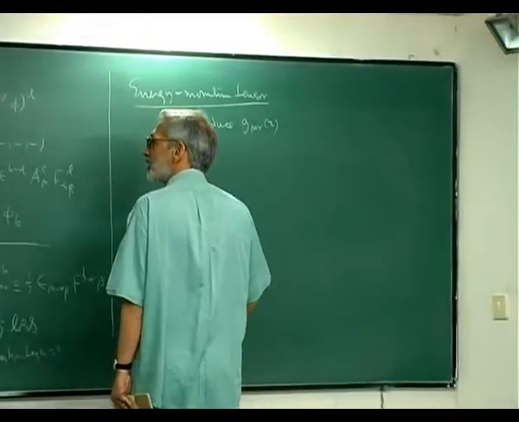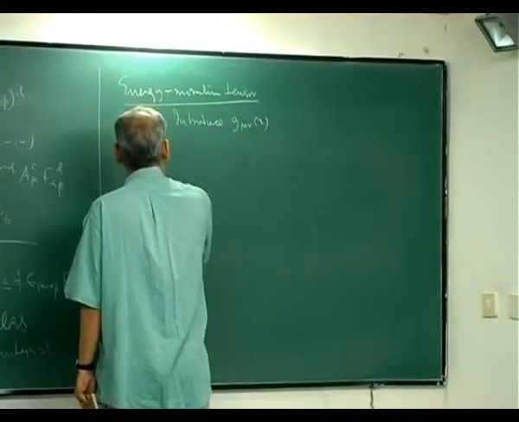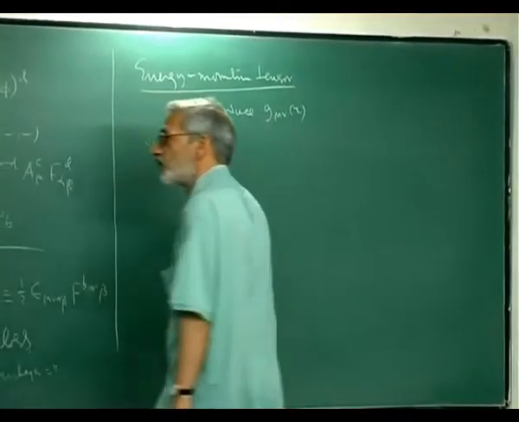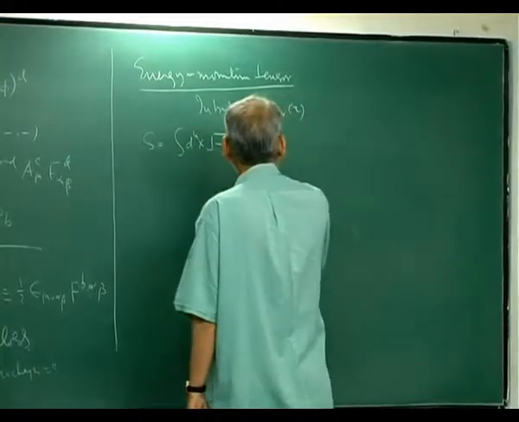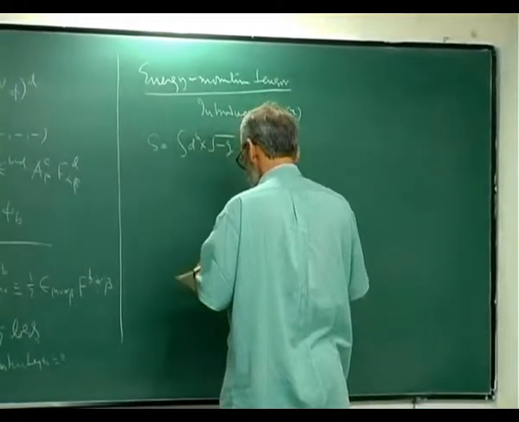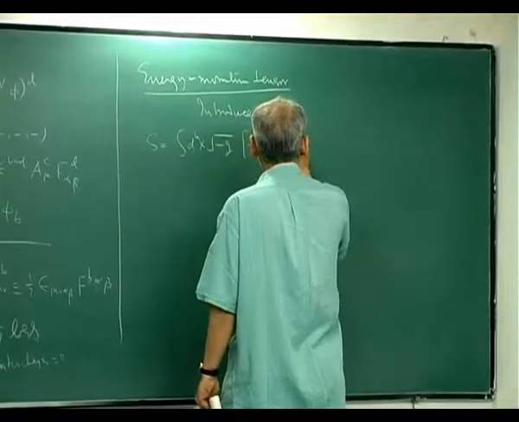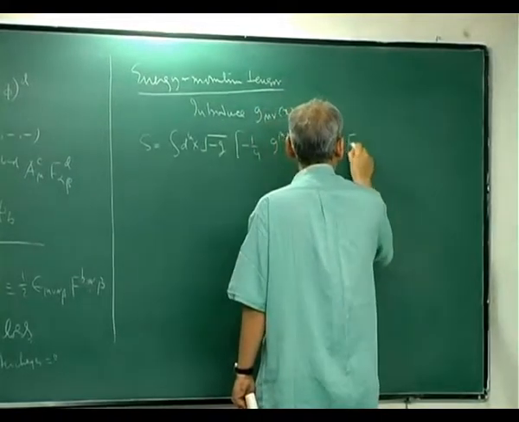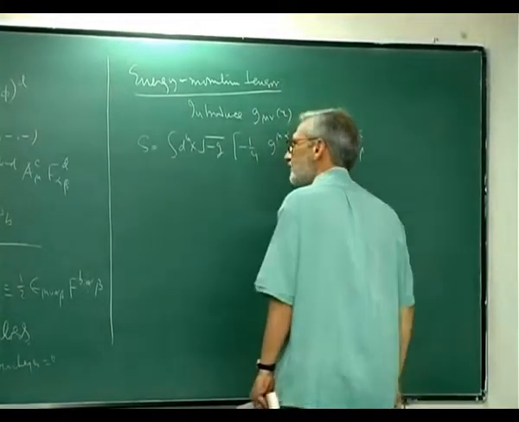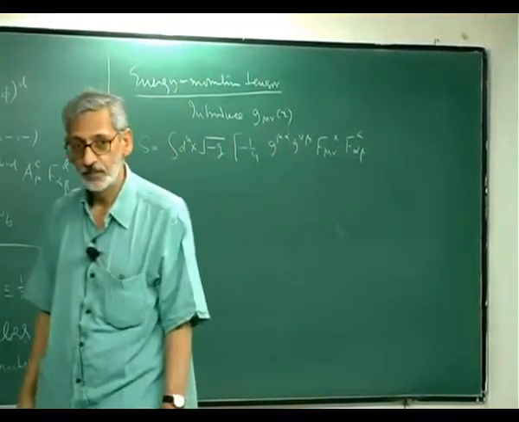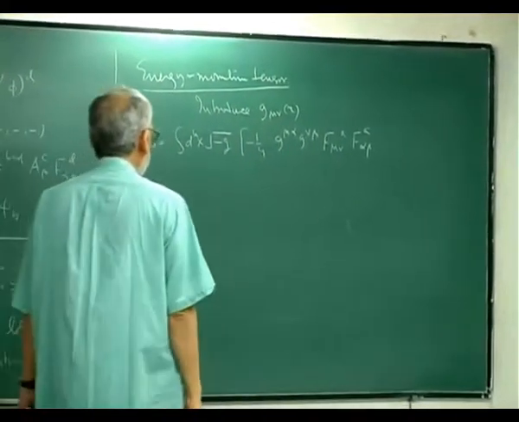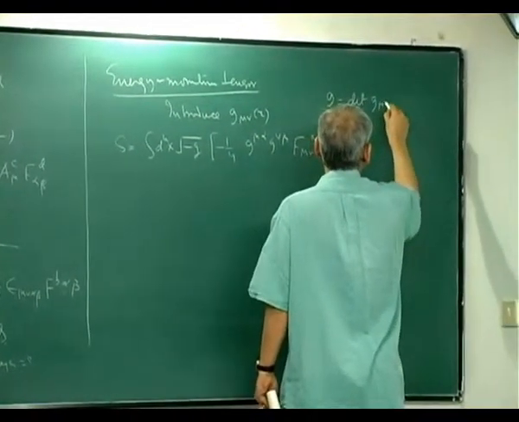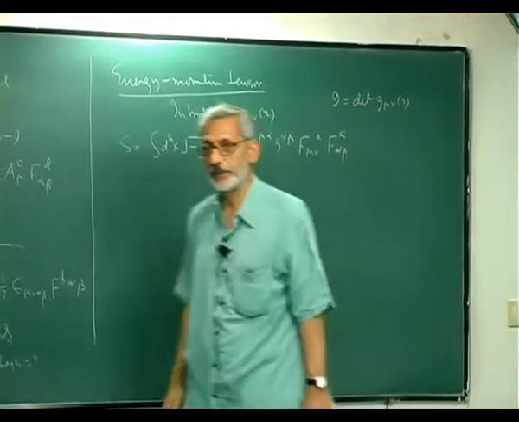And if you introduce G mu nu, then a general coordinate invariant way of writing that action is 1 by 4 G mu alpha, G nu beta, F mu nu A, F alpha beta A. That is the first part. And this G is the determinant of the metric.